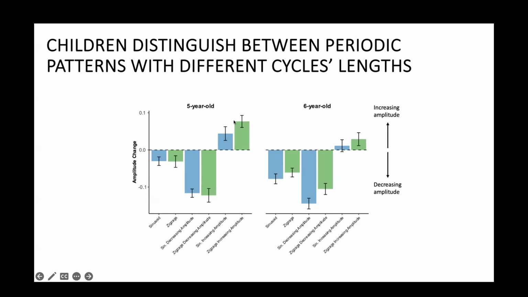So they were making prolongations that had an increasing amplitude, and the same results apply to 6 years old. In other words, they were able to not just understand that the function was periodic, but also add a linear component that was making the amplitude go up, increasing, or go down, decreasing.